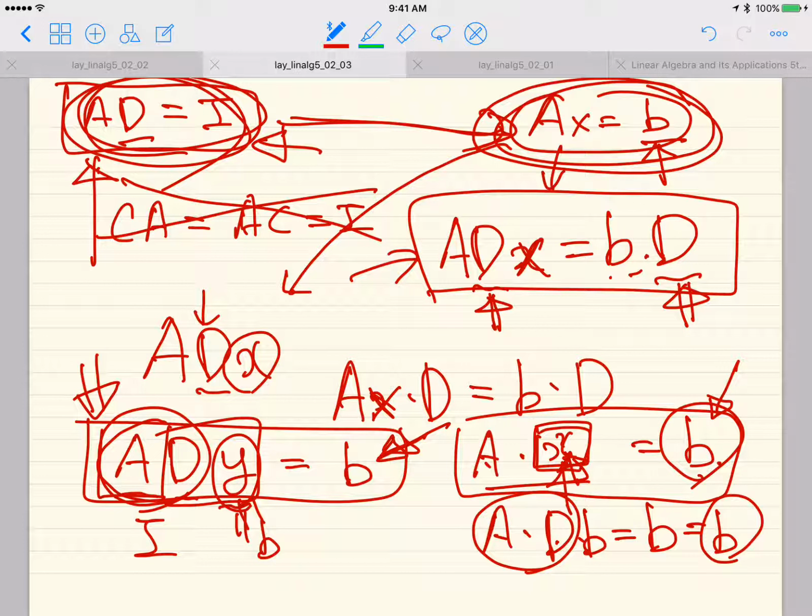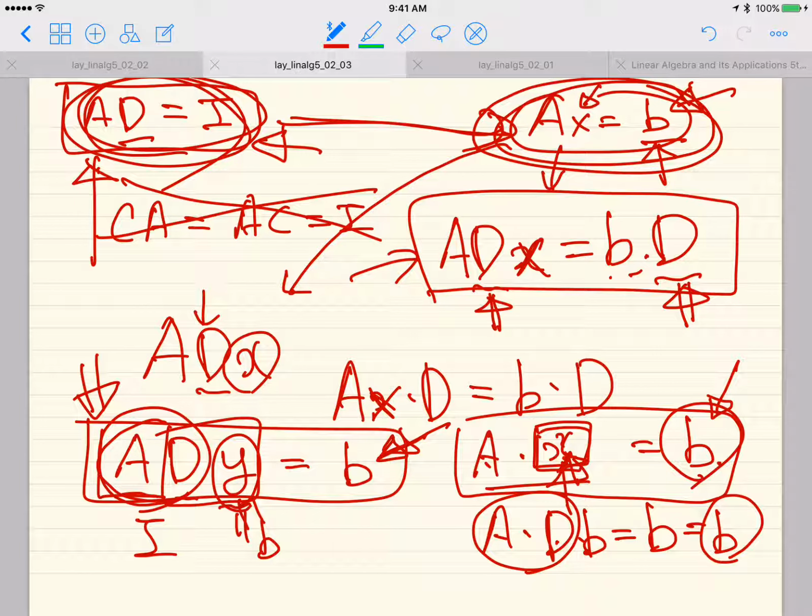Again, the main point here is that if we replace this vector x with D times b, where b is the given vector on the right, then that will at least satisfy our linear system, which means D times b is at least one of your solutions for this linear system.